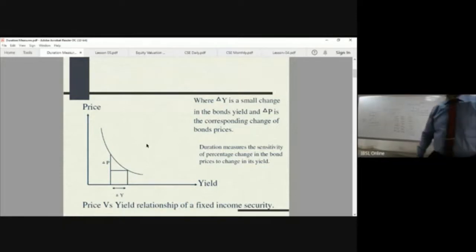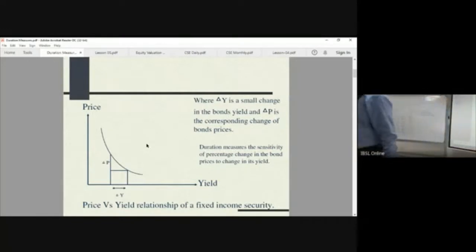In that assumption, we assume this as a straight line. In reality, it is not a straight line. But in our calculations, we arrived at it on that assumption. It will become a straight line when the change of yield is a smaller amount.